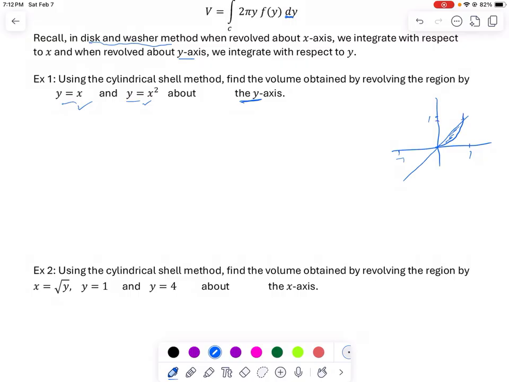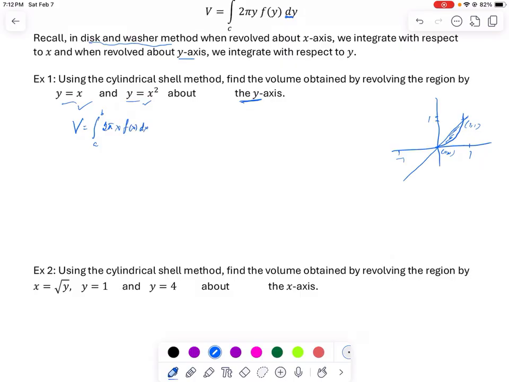So this point is 1, 1, and this point is 0, 0. Also, we can check our limits. We know they will be from 0 to 1 because we are going to integrate with respect to x. Remember, the formula that we are going to use is V is equal to the integral from a to b of 2 pi x f of x dx.